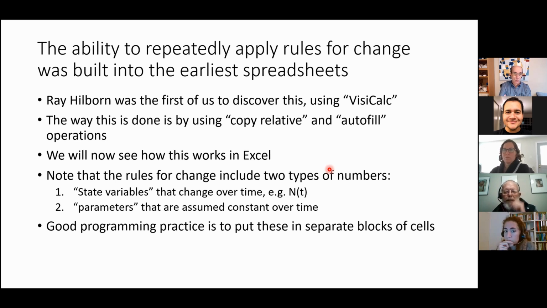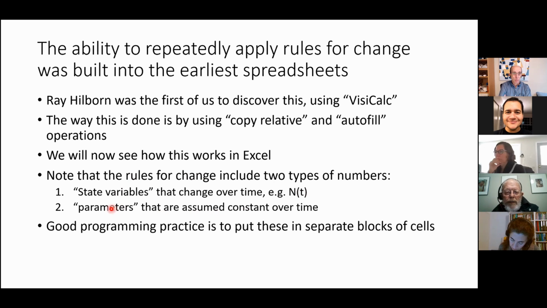Okay. Now, before we go to Excel, let me point out here that the rules for change, the functional relationships involved in the rules for change, include 2 types of numbers. So the numbers in the spreadsheet will be of 2 kinds. One of them are state variables that change over time, like number of animals in a population.